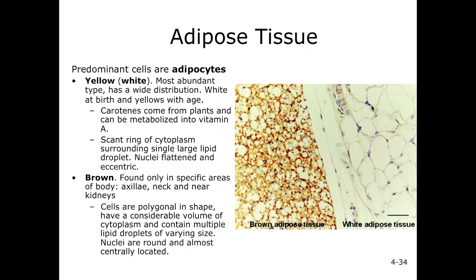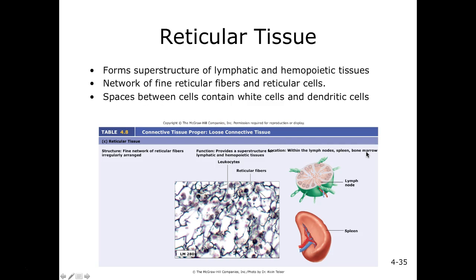We are going to use our brown fat more to generate heat. So as you can imagine, this is very important to make sure that they are regulating their body temperature well. And we are seeing that this also plays a similar role in adults. And you'll see in these cells that the nuclei are round and almost centrally located, whereas we see huge difference here in our white adipose tissue where it's pushed off to the side.